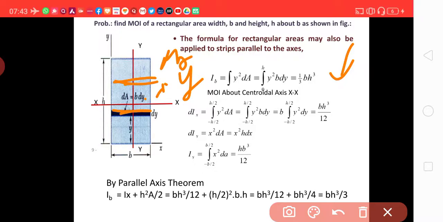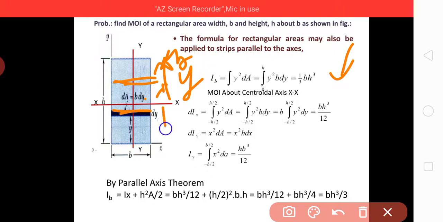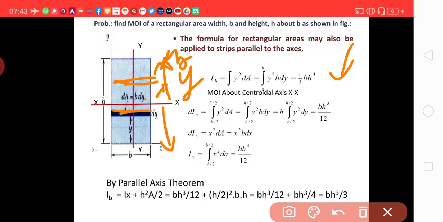Just concentrate from plus side to negative side and integrate it. When moving from plus side to negative side, the integration becomes minus h by 2 to h by 2 y square dA, and on integration you will find this relation. This is a simple relation.